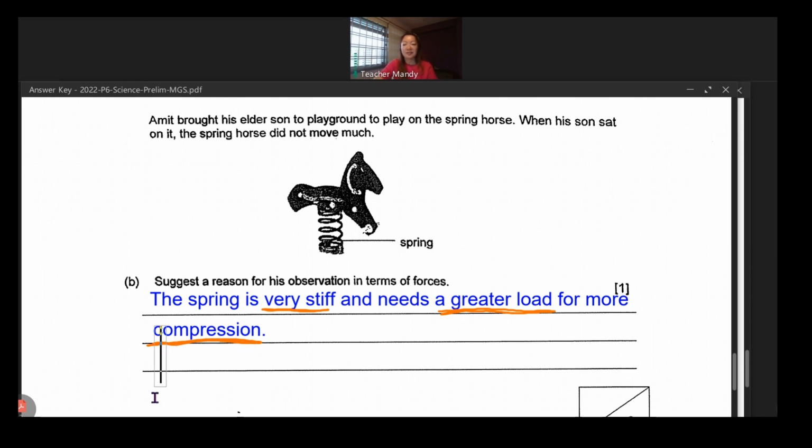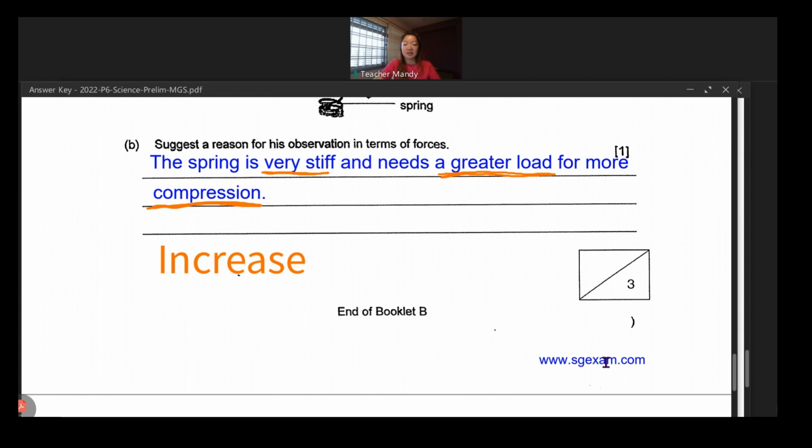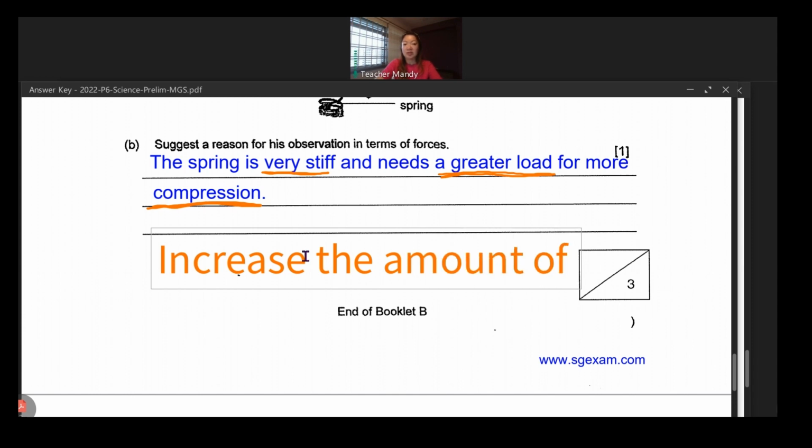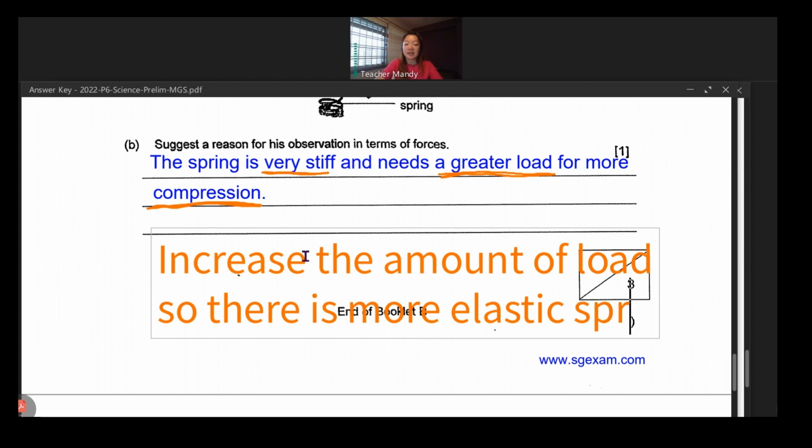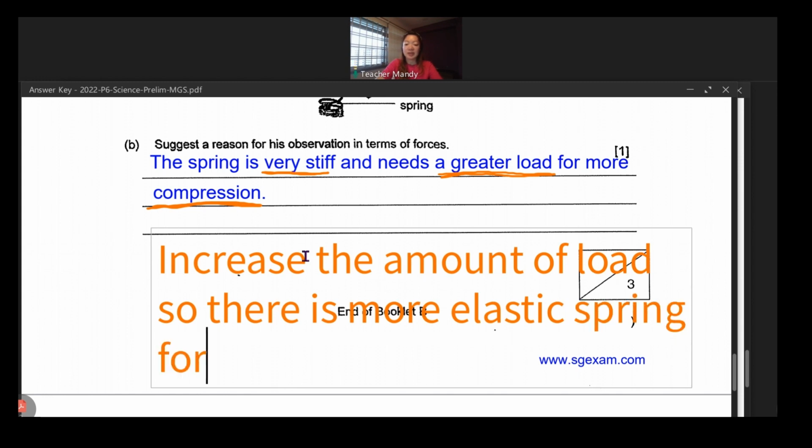Oops, not very clear. Increase the amount of load or weight. You can see that, okay? So there is more elastic spring force, okay, to move the horse.